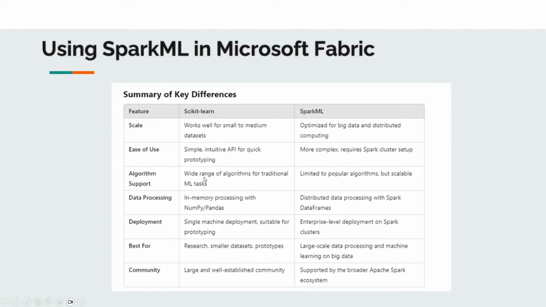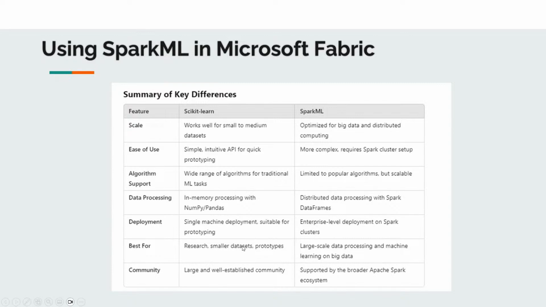Algorithm support: a wide range for scikit-learn, limited with Spark, but the purpose is more about scalability and data processing. They're both in data frames, but Spark has its own specific data frames for distributed processing. Deployment: single machine for scikit-learn, while Spark ML can be deployed on Spark clusters or within a platform like Azure.